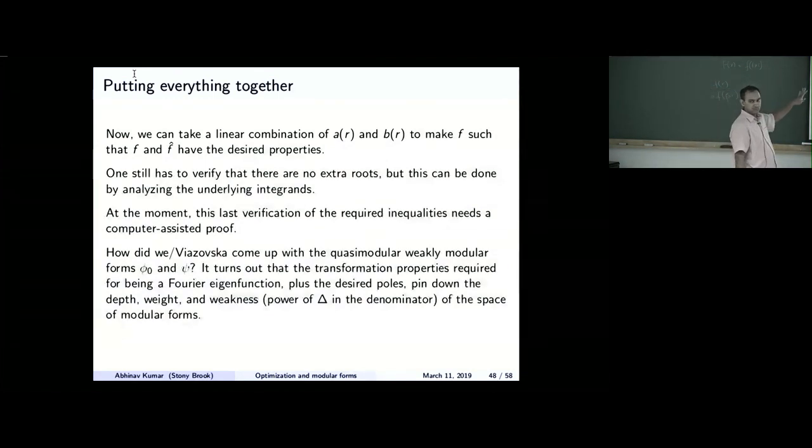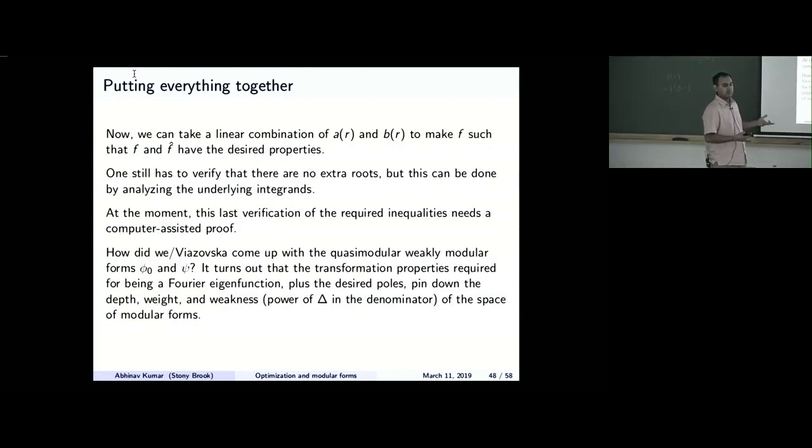Once you do that, it turns out that the transformation properties required basically force it to have some depth. Depth of a quasi-modular form is the highest power of E2 that shows up. The weight is the weight of a modular form, like I talked about, and the power of delta is dictated by the growth of this function, and they're all pinned down once you write down your answers and you require some reasonable properties for the Fourier transform.